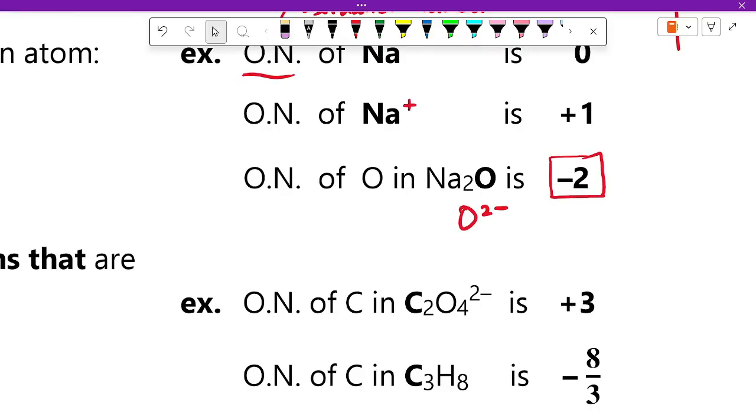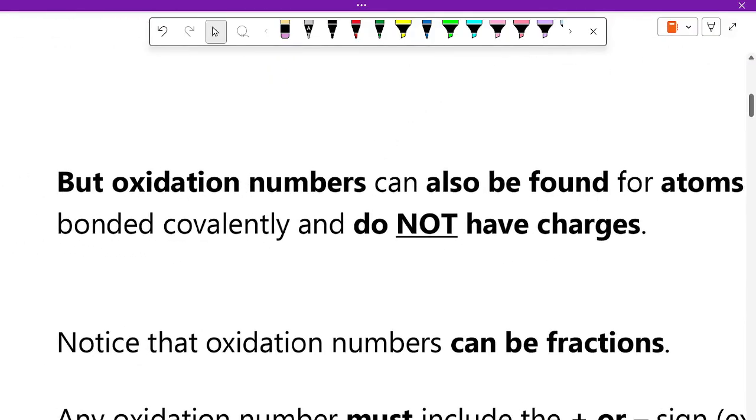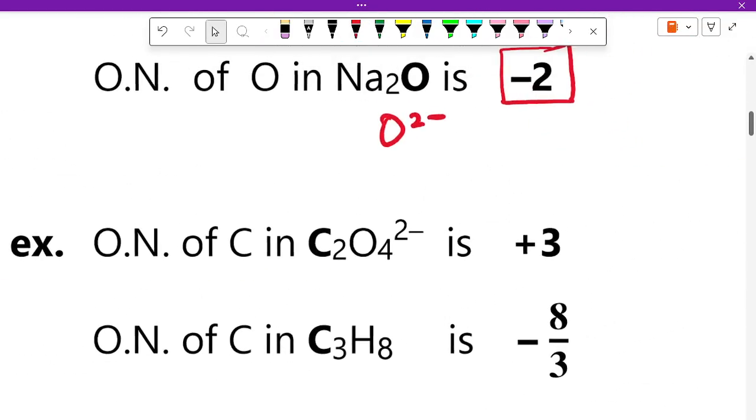Now, there are atoms that are bonded covalently and do not actually have charges, and yet we can still find their oxidation number, and we still write them as positive or negative. And don't worry, I'll show you how to do this, and it's actually very straightforward, okay? For example, the oxidation number of carbon in the oxalate ion is plus 3.